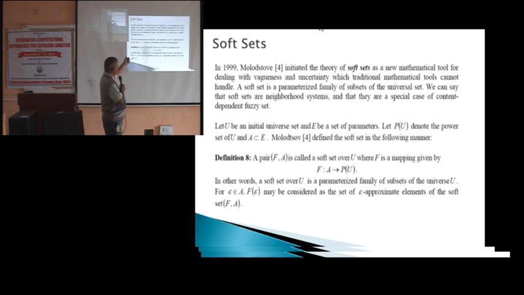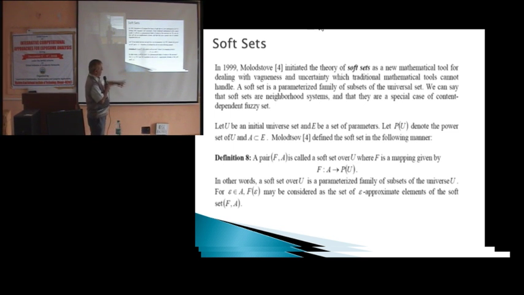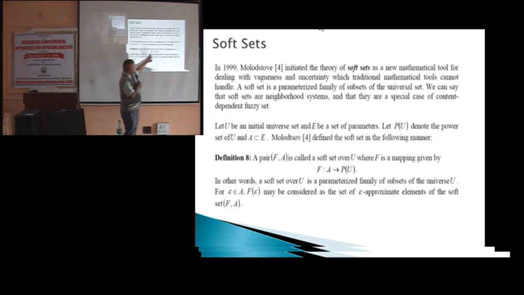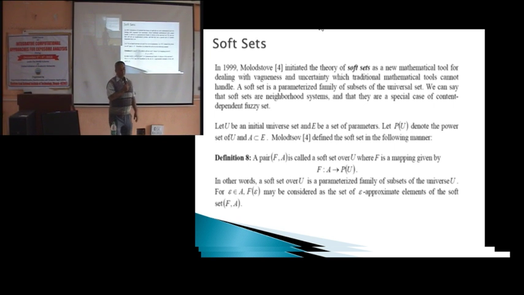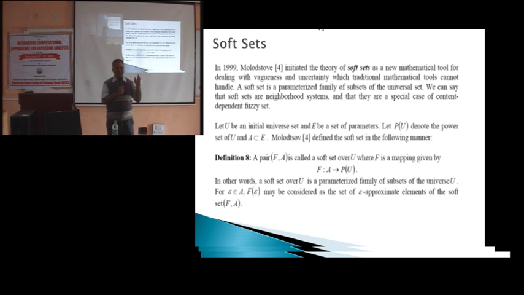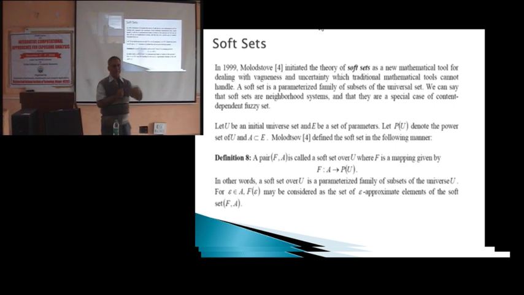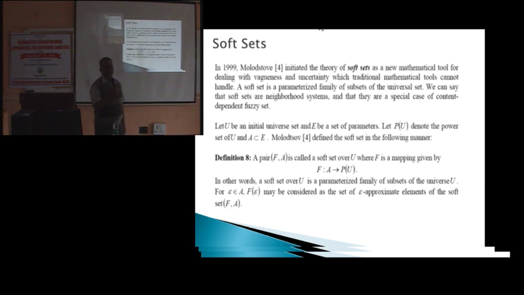Then we select some parameters A from the set of parameters E, and we try to map them to the power set. That means according to these parameters, the subsets of U will be selected, and that's why we call it a parameterized family of subsets of the universal set.